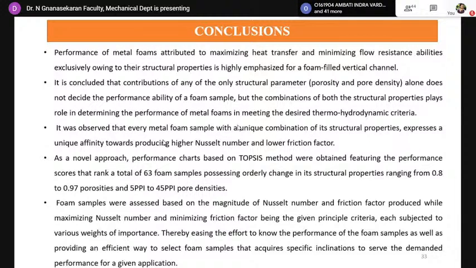For example, we have considered 63 foam samples which have been reported in the literature, and based on that, we chose the porosity value ranges between 0.8 and 0.97, and pore densities range from 5 ppa to 45 ppa. So it is actually user desirable. The user will decide what to consider and what not to consider.